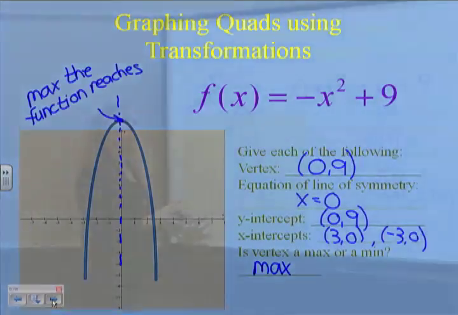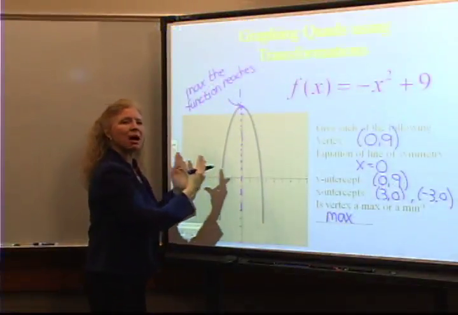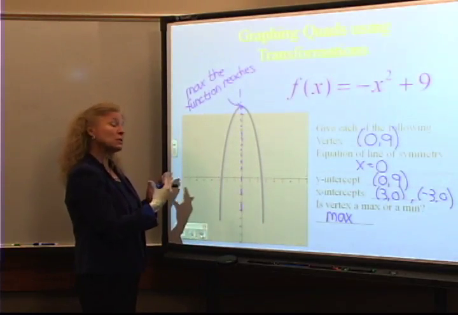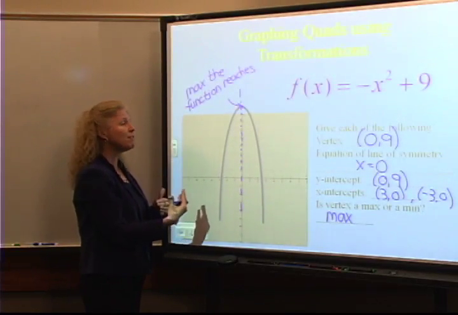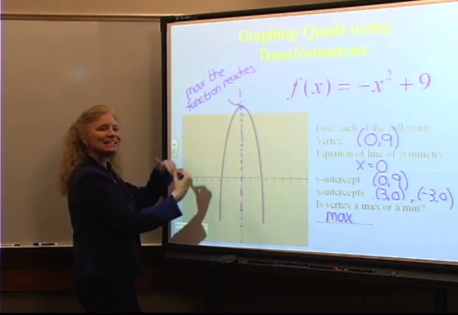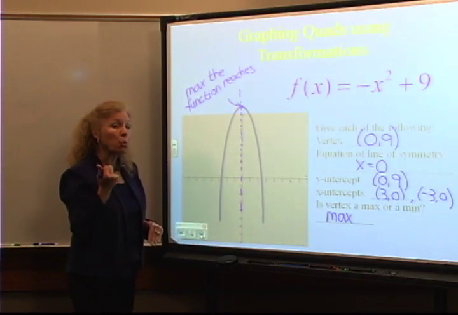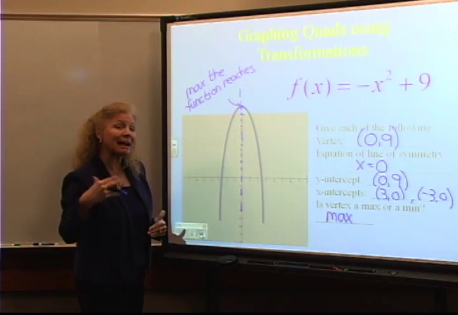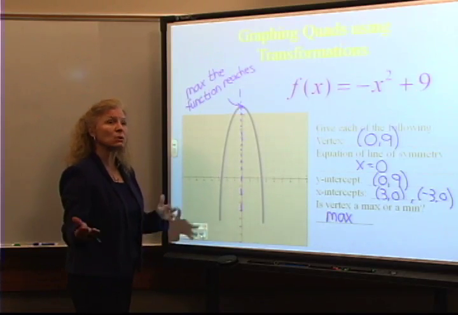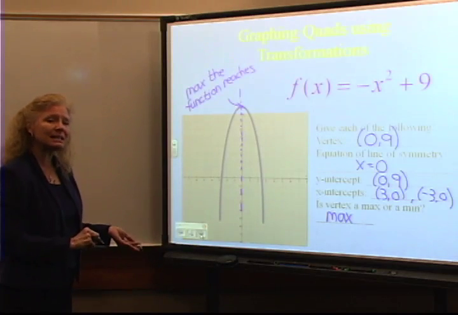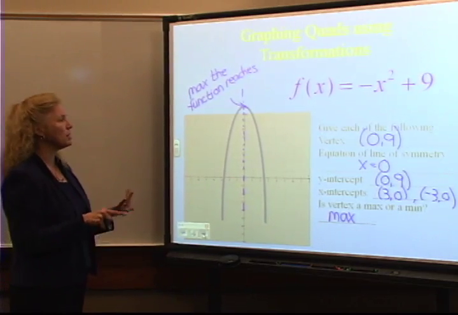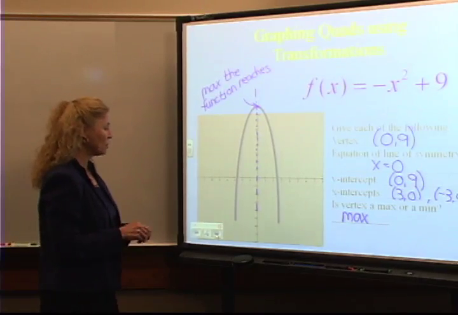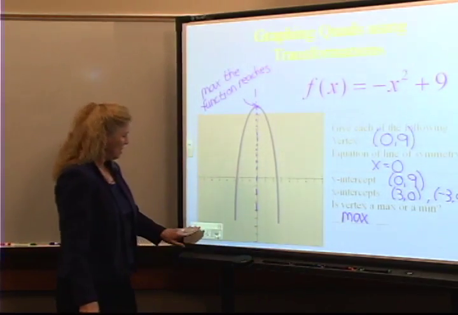The x-coordinate is about the location horizontally, but the highest it hits is going to be your y value. So if you are asked what's the actual maximum value the function hits or the minimum value it hits, you give the y-coordinate of that vertex. Okay?